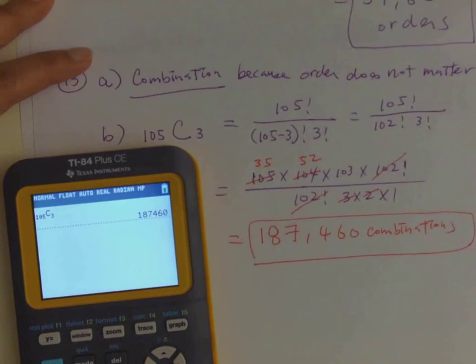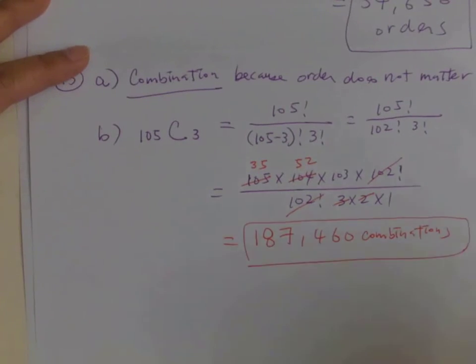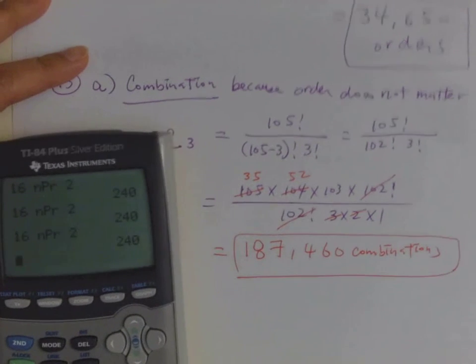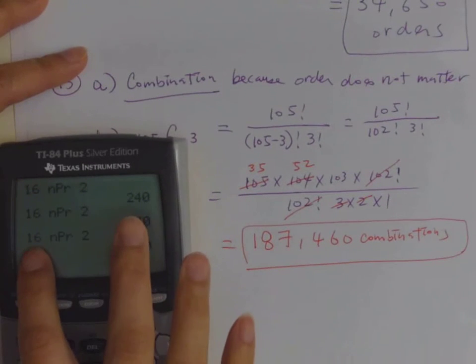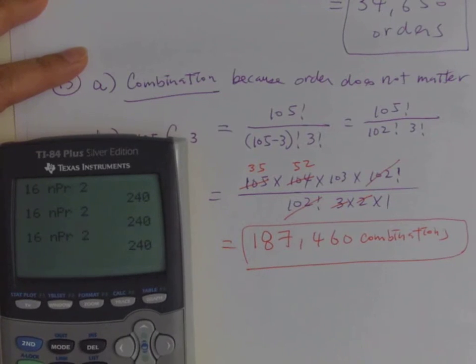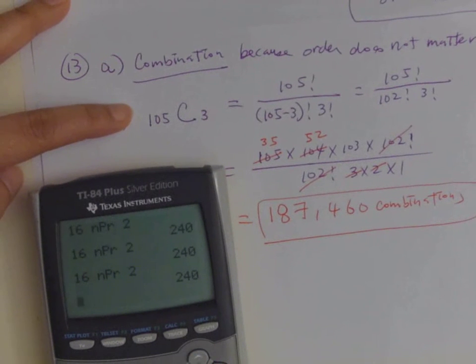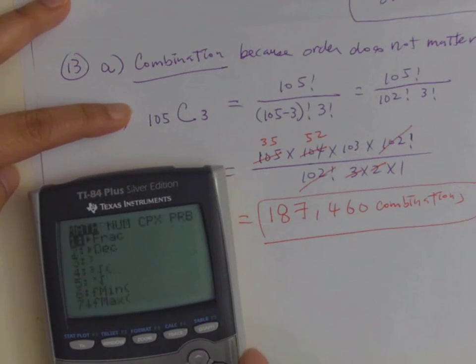So that is how you do it on a calculator. And if it's the older one, you do a number first, pick that button, and then the last number. So for this particular one, it was 105 combination of 3: math, probability, 3 is combination, 3, enter, and it's the same answer.